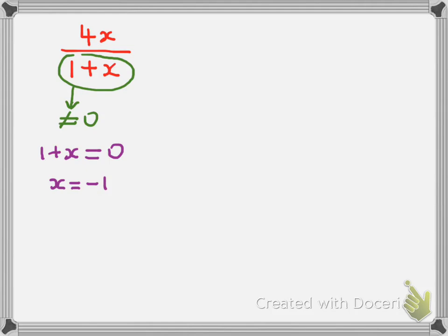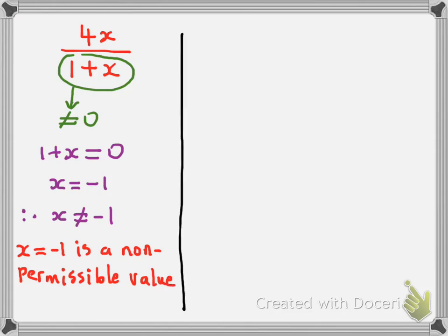If you solve that equation, you will find that x is equal to -1. That means that when x is -1, your denominator is 0, and your rational expression is undefined. So we will say then that therefore x cannot be -1, and x equals -1 becomes a non-permissible value in that expression. Let's look at another example.